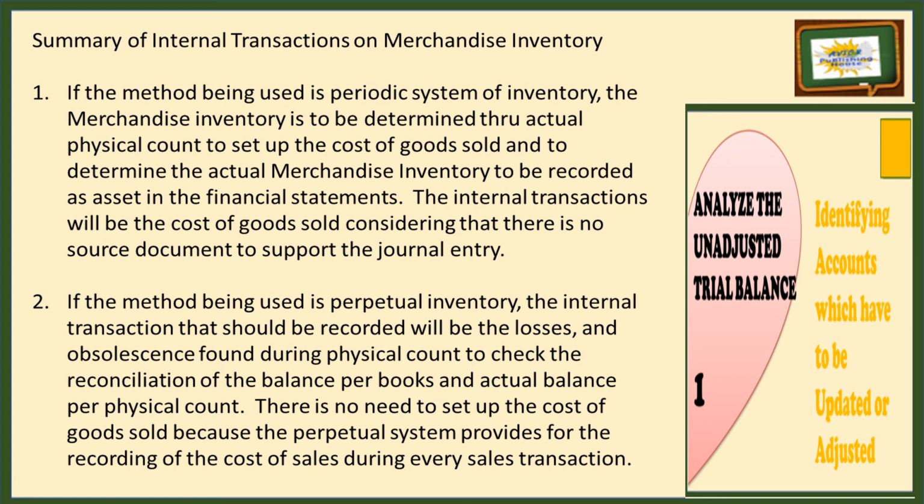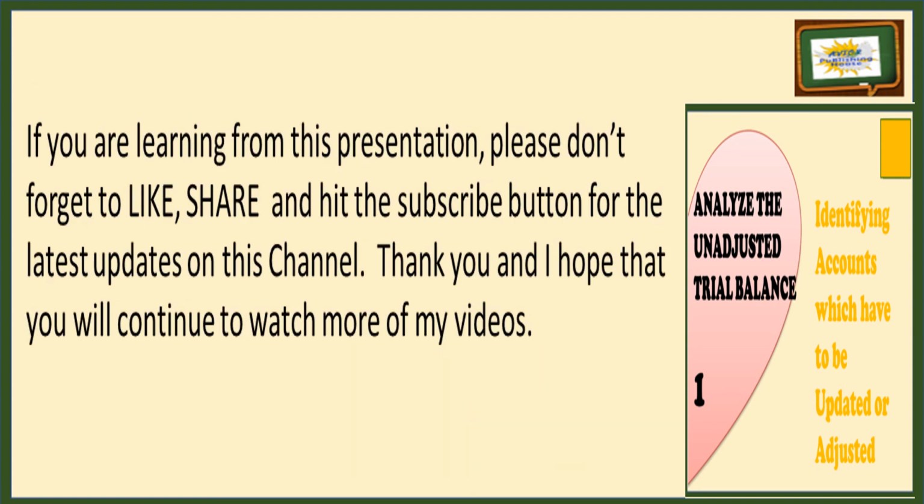If the method being used is perpetual inventory, the internal transaction that should be recorded will be the losses and obsolescence found during physical count to check the reconciliation of the balance per books and actual balance per physical count. There is no need to set up the cost of goods sold because the perpetual system provides for the recording of the cost of sales during every sales transaction.